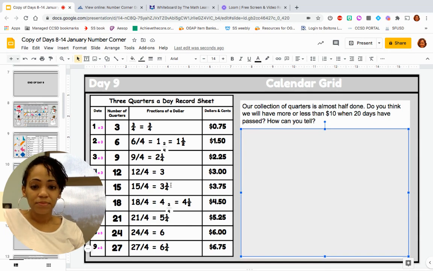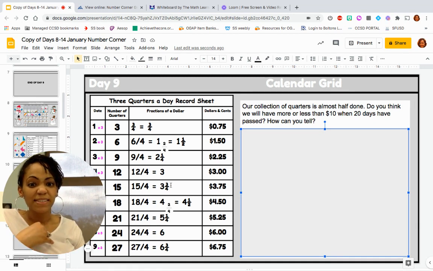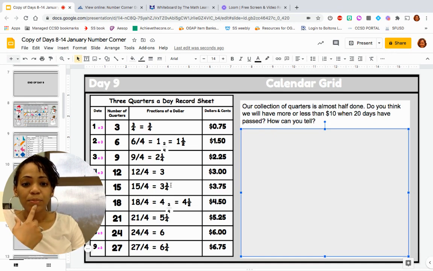Right? I'm thinking that we're probably going to have more than $10 because we only need $4 more, really $3.25 to have $10. And just from the looks up here, that would take another 4 or 5 days.